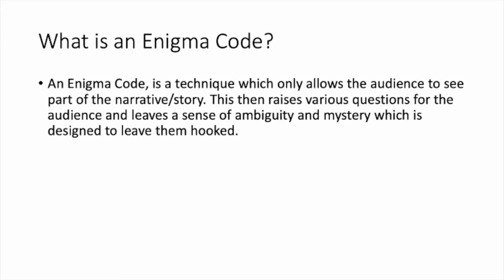All right? So films can create Enigma codes in various ways. When we have that shot of the shoe and the camera slowly tilts up to the character's face, that is what's called building enigma. It's building a mystery about who that character is, because they seem mysterious as we don't know what that identity is.